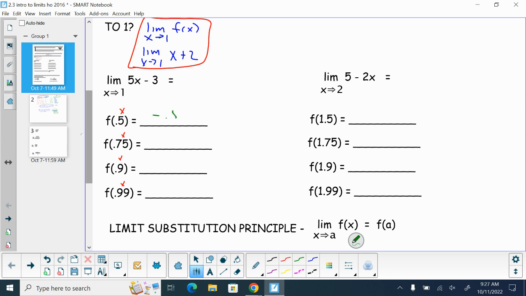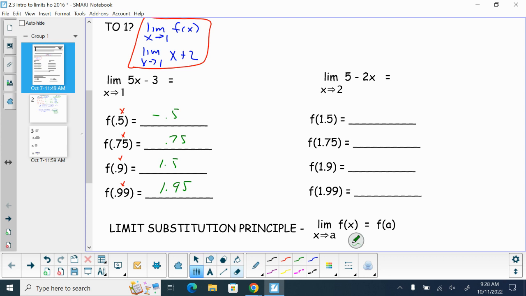Negative 0.5. Then 0.75. So you get 0.75 here for the second one? Yeah. Next one? 1.5 and 1.95. We good with that?